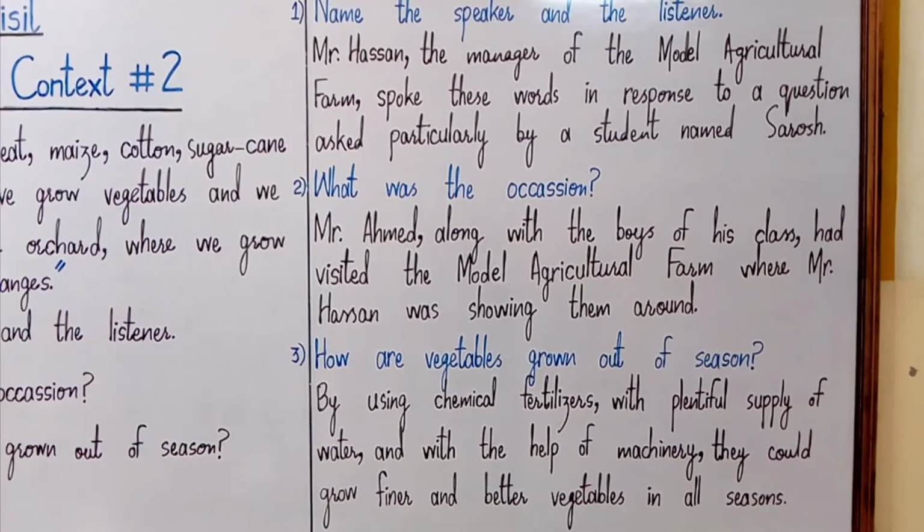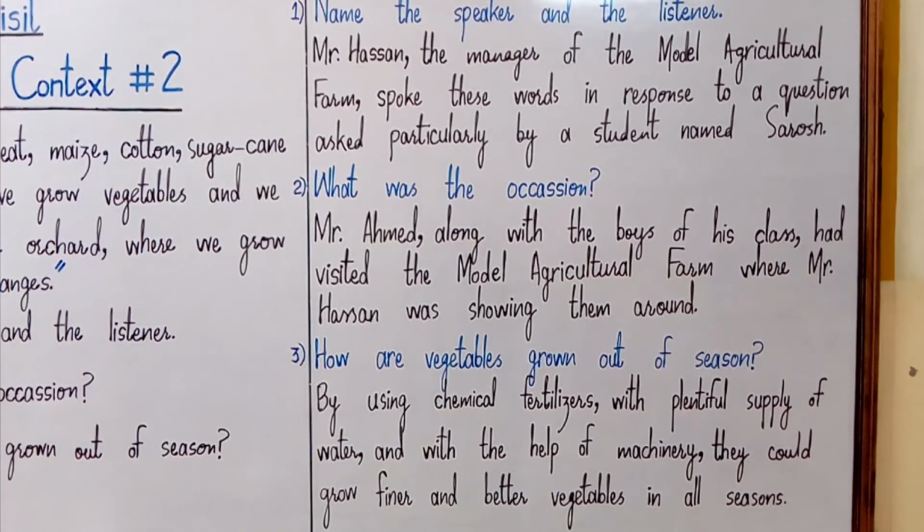So we will answer this question this way. Mr. Hassan, the manager of the model agricultural farm, spoke these words in response to a question asked particularly by a student named Sarosh. So here the speaker is Mr. Hassan and the listener in particular is a student named Sarosh.